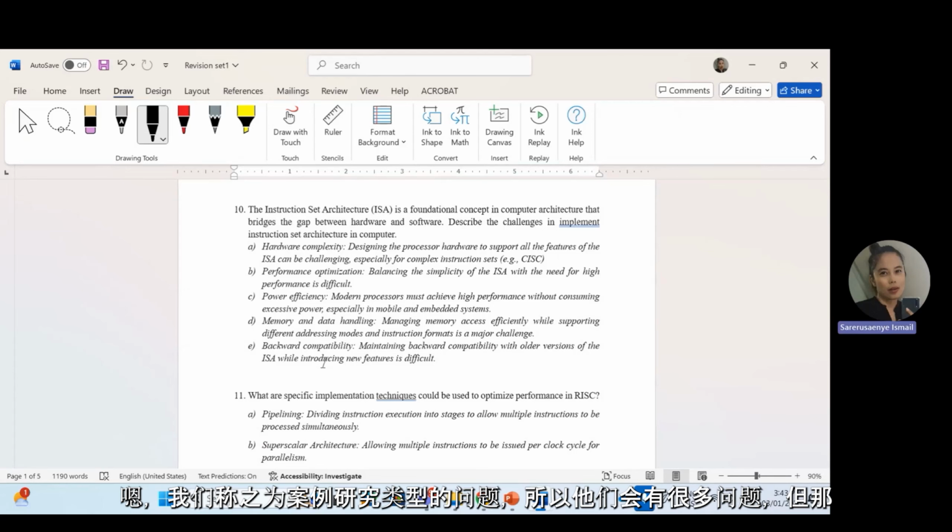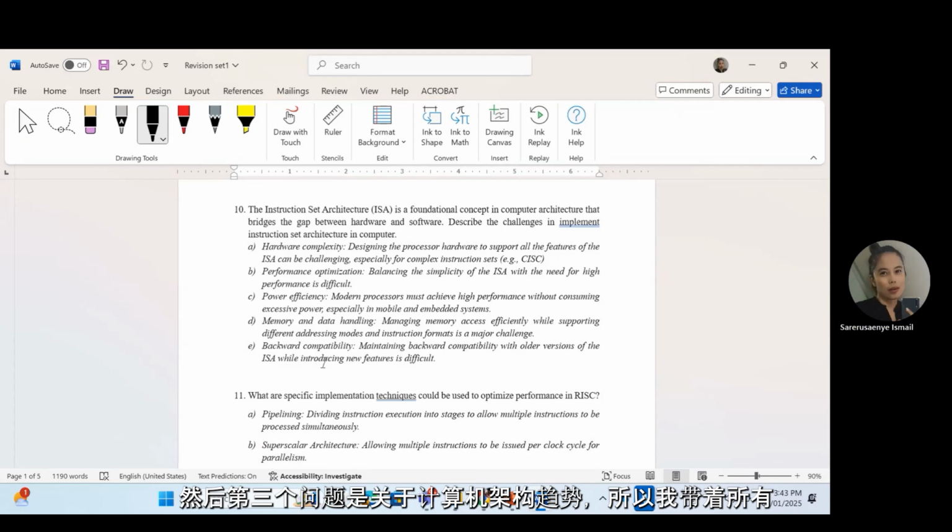So they will have many questions, but those questions will relate to the case study. For example, question 1 will have a case study about instruction set. Question 2 will have a case study about multi-core processing. And then question 3 will be about computer architecture trends. So that's why I came up with all of it in a package in this set of revision.